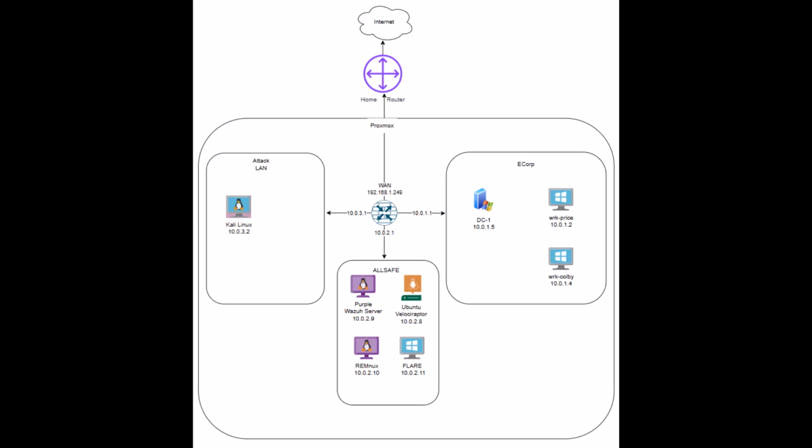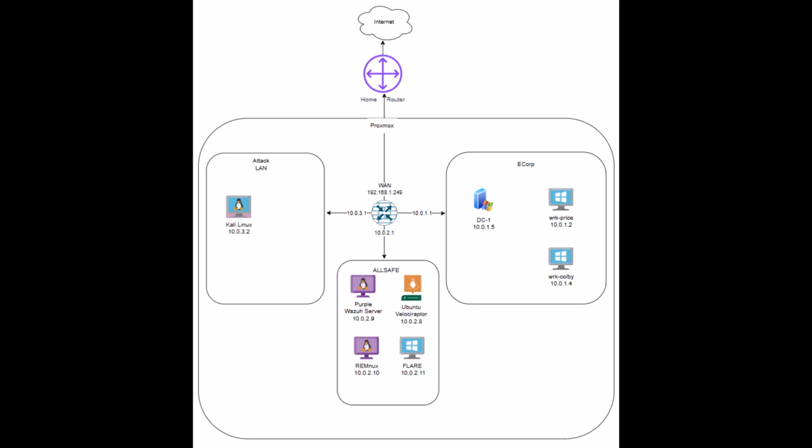So basically AllSafe is that MSSP, and it is providing that service to eCore. So all the monitoring and stuff is being done in the AllSafe LAN. The events are taking place in the eCore LAN, and of course, the attack LAN is where the attacks are coming from.